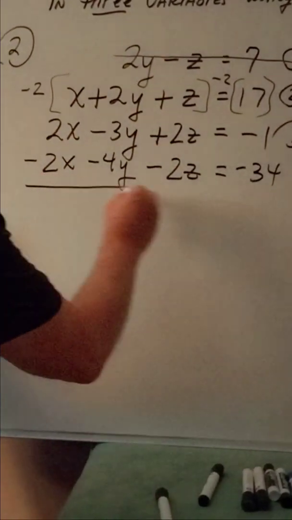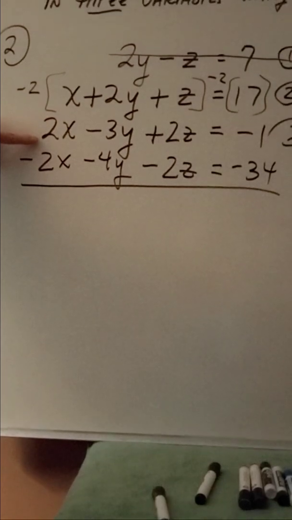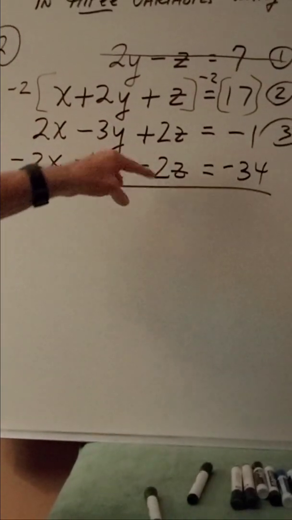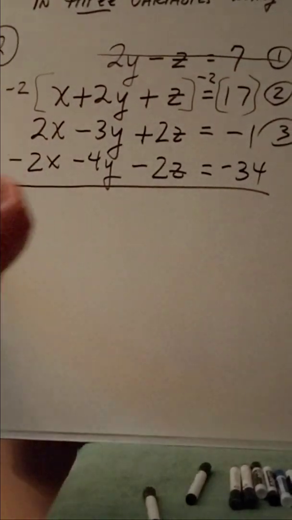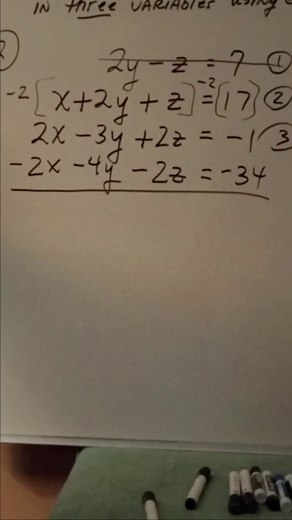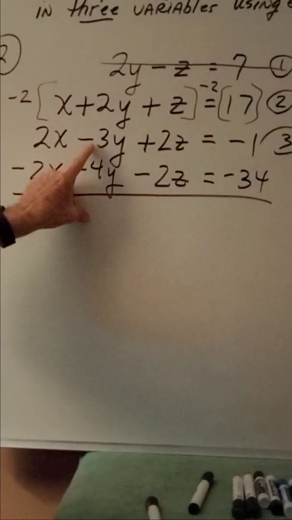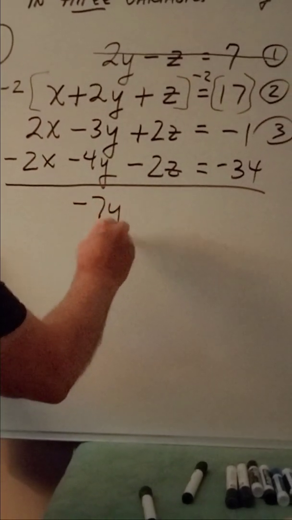Let's draw the line. The x's go, and just because of the nature of the numbers, the z's are going to go as well. That doesn't always happen, but it happened here. I just randomly picked this problem. Oh, the x's go. Negative 3y coupled with a negative 4y is a negative 7y.